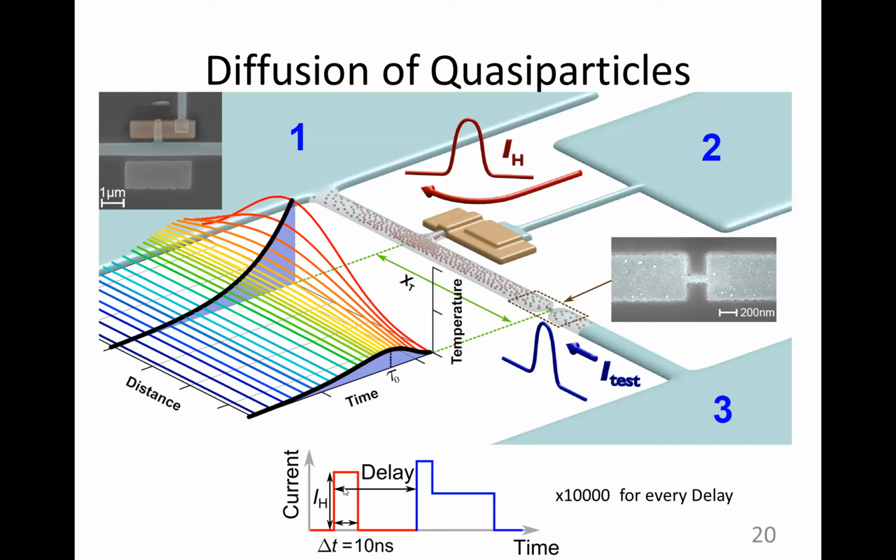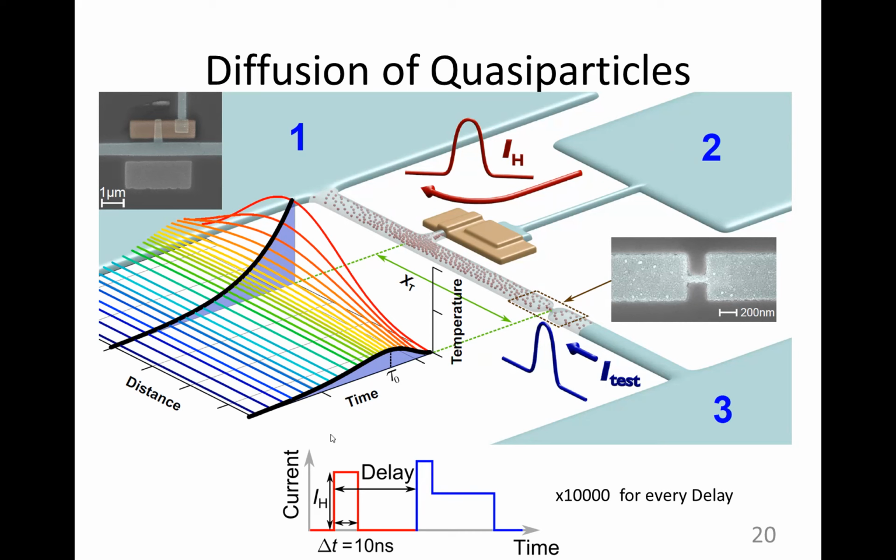We heat the island, we wait for some time, and then we send the testing pulse that is temperature dependent. Because we rely on the fact that our measurement is of a probabilistic nature, for a given delay between heating and testing, we must perform the same pulse pattern many times.